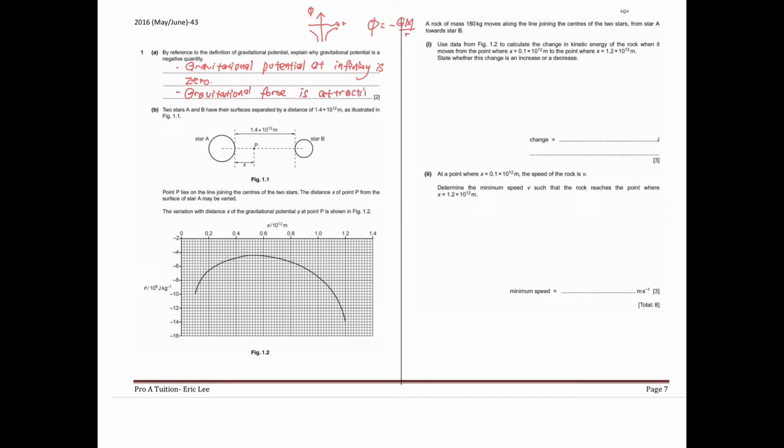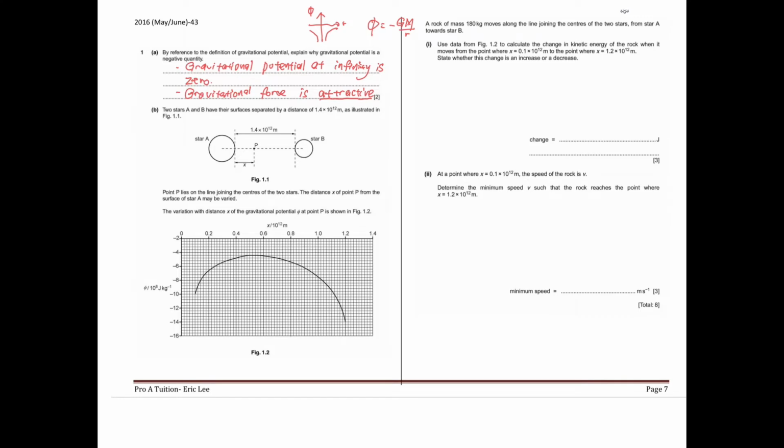So this word attractive is of particular importance, it is the key word. So the negative sign, as you can see in the formula, the negative sign means attraction force. So you have to mention this as the keyword. So gravitational force is attractive.